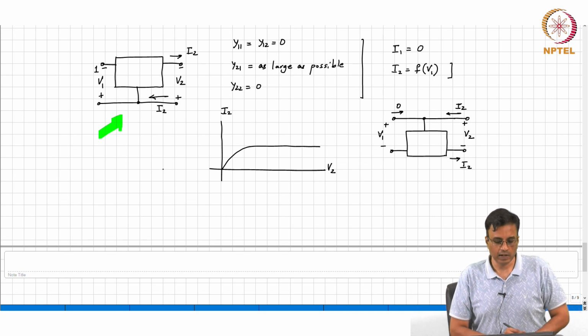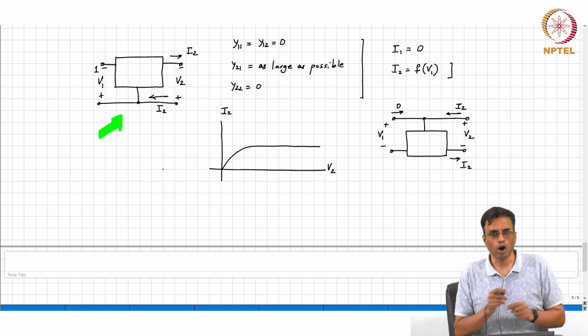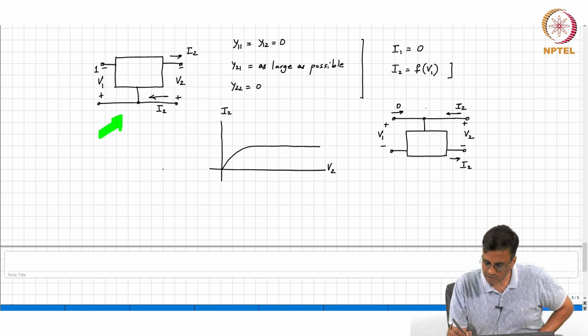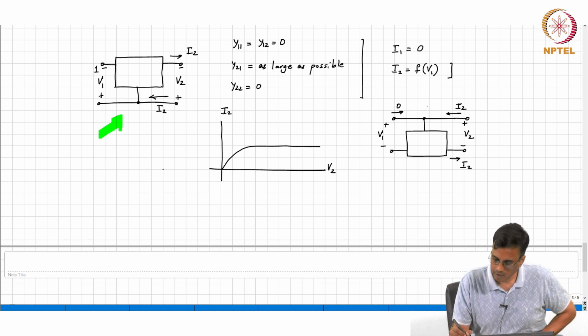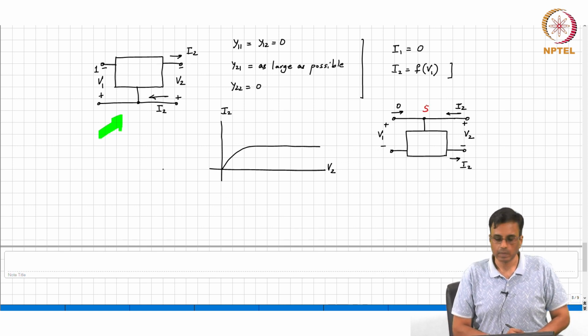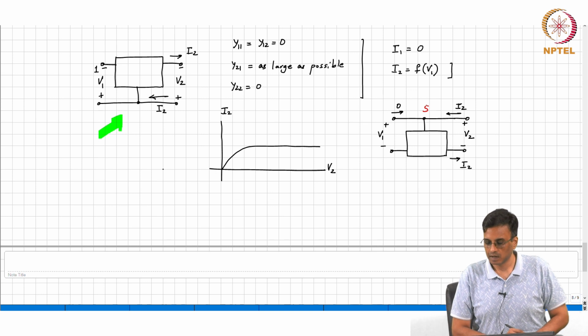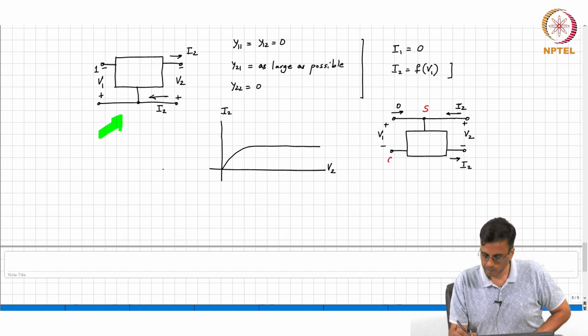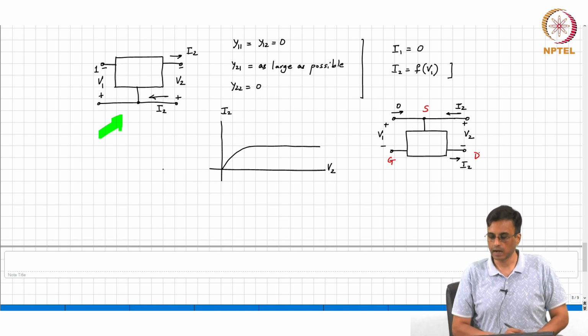What was the source when we talked about NMOS devices? The common terminal was called the source. That is still the case. And which is the gate and which is the drain? This is the gate and this is the drain.